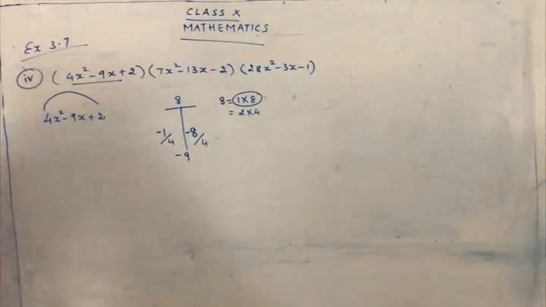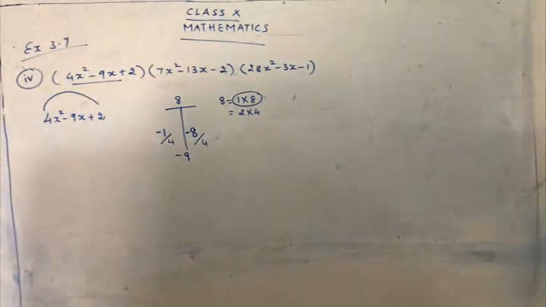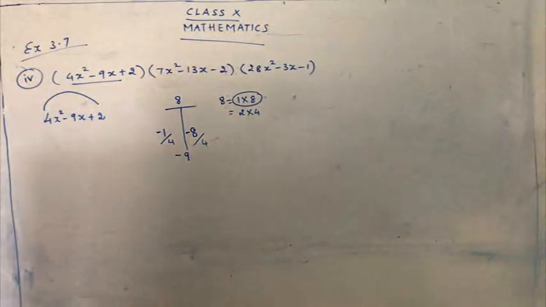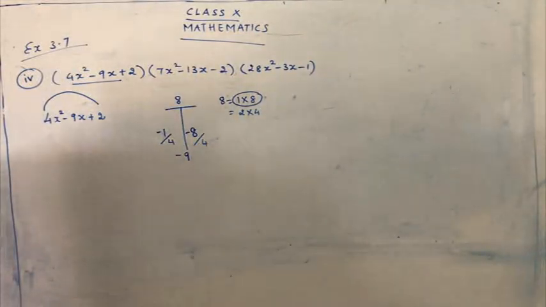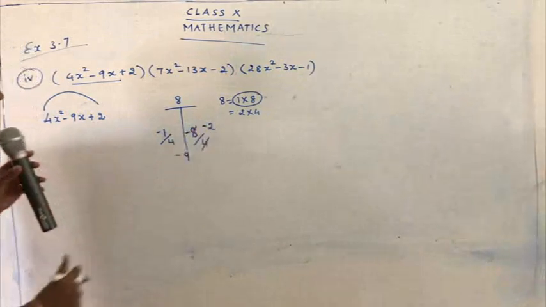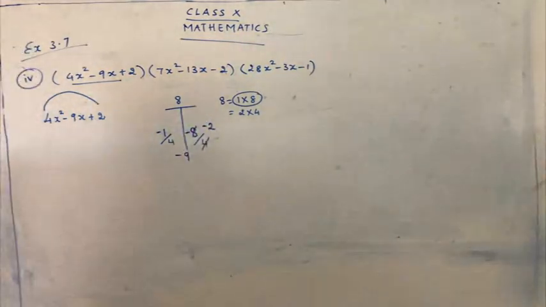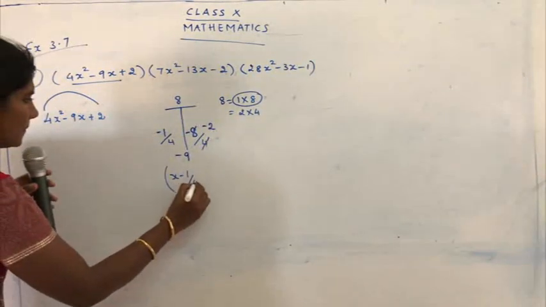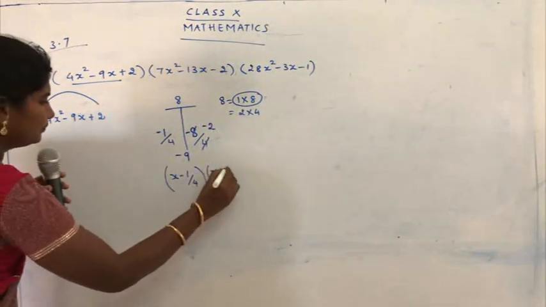Okay. So minus 1 by 4, we cannot do anything to it. So just keep that as it is. Coming to minus 8 by 4, you get here minus 2. So what's the variable used here, children? It's x. So x minus 1 by 4, x minus 2.